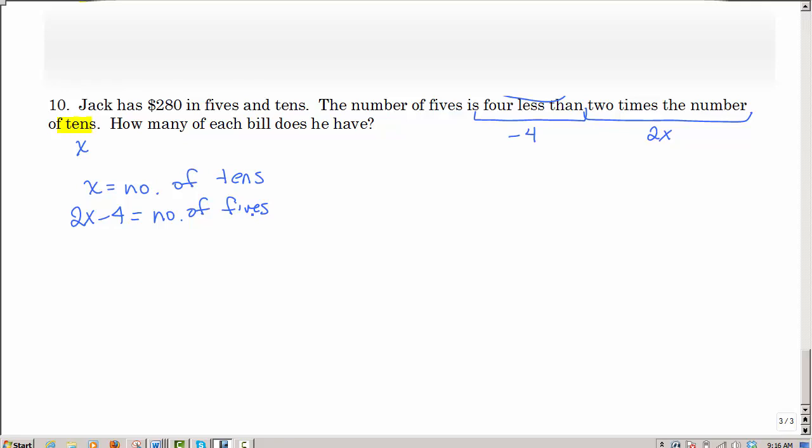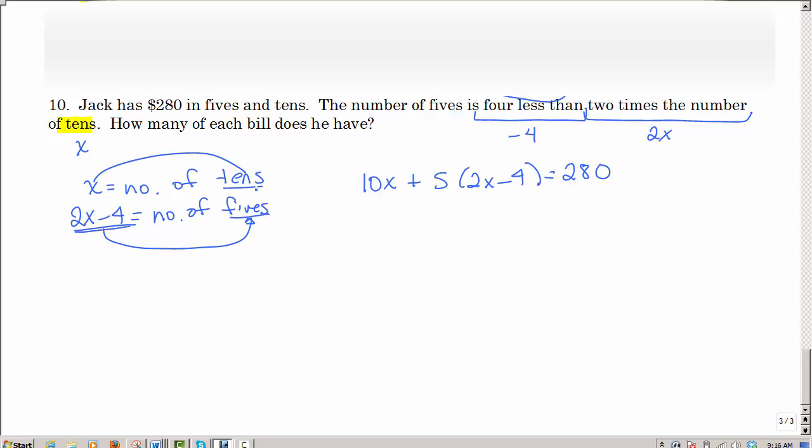To get the total of money, we're going to multiply how many we have times how much it's worth. So I'm going to take 10x plus 5 times 2x minus 4 equals how much money Jack has. How much they're worth times how many we have.